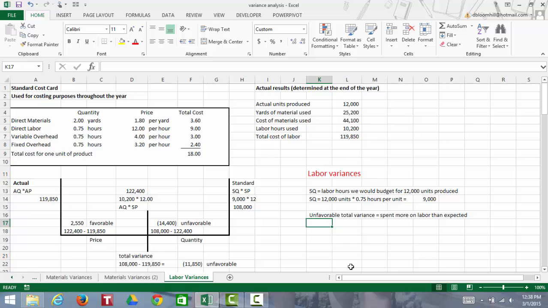The favorable price variance means that we spent less per hour on labor than expected. And finally, the unfavorable quantity variance means that we used more labor hours than expected.